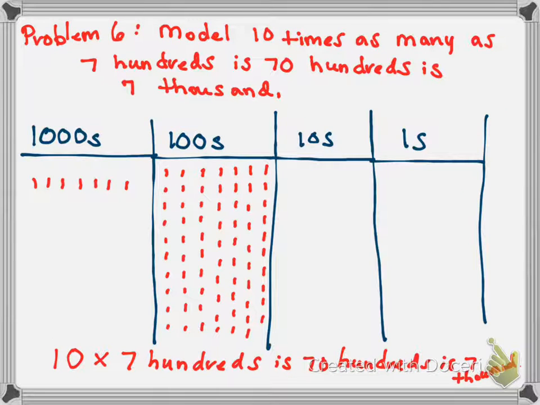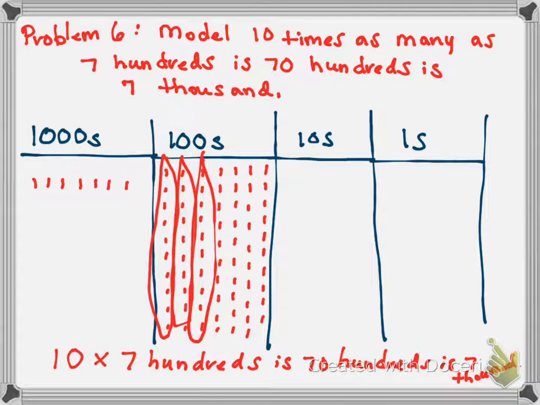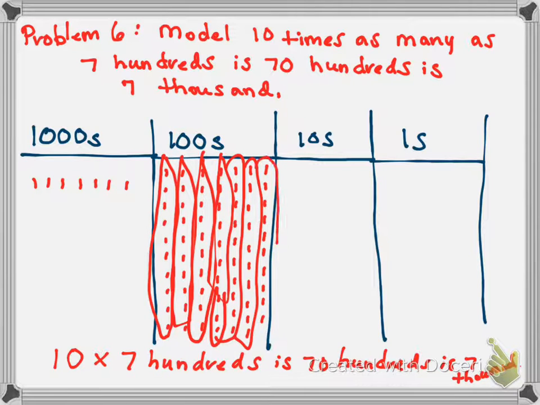For problem 6, we're going to model 10 times as many as 7 hundredths is 70 hundredths is 7 thousandths. So here in our place value chart, we have our chip model, and we're going to be using our chips. And remember, we want to bundle groups of 10. We have 1, 2, 3, 4, 5, 6, 7.